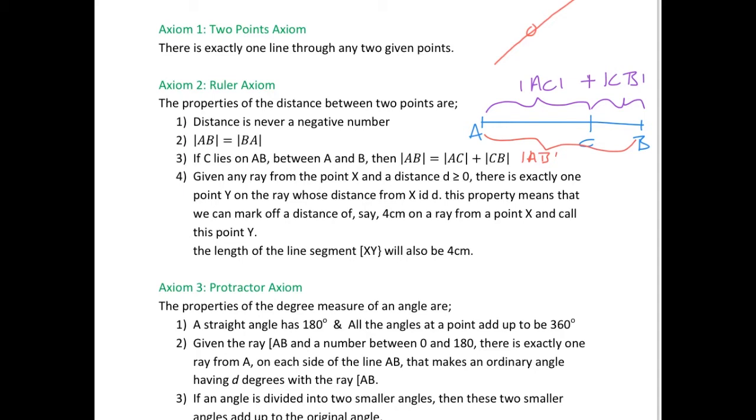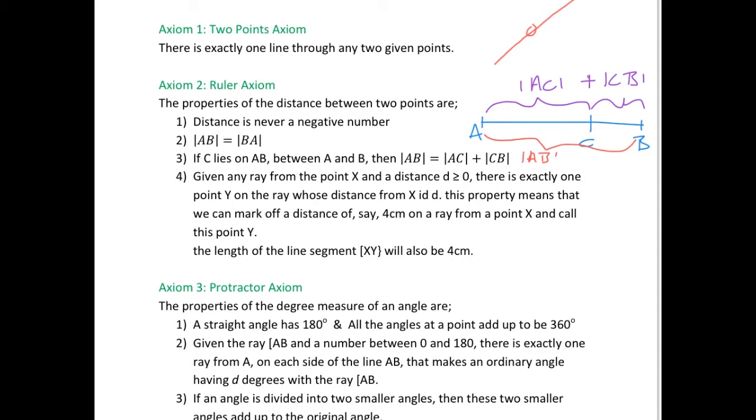Another axiom to do with rulers and lines is that if we're given any ray from the point X and a distance d greater than 0, there's exactly one point Y on the ray whose distance from X is d. This property means that we can mark off a distance, say 4 centimeters, on a ray from a point X and call this point Y. The length of the line segment XY will also be 4 centimeters.